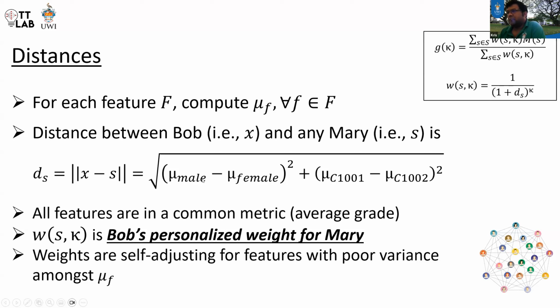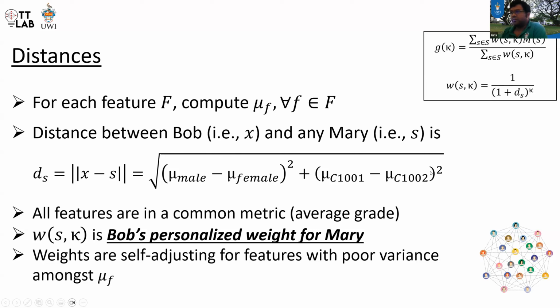For males like me, the distance ds would be 0, which means the weight would be 1. So I would trust males, right? But if it's females, and they are similar to males, so that being male or female didn't matter, then this difference would be 0, which would be the same thing as if it were males. But if it did matter, then we would produce this distance, which would then scale using the kappa algorithm to give us the weight, right?